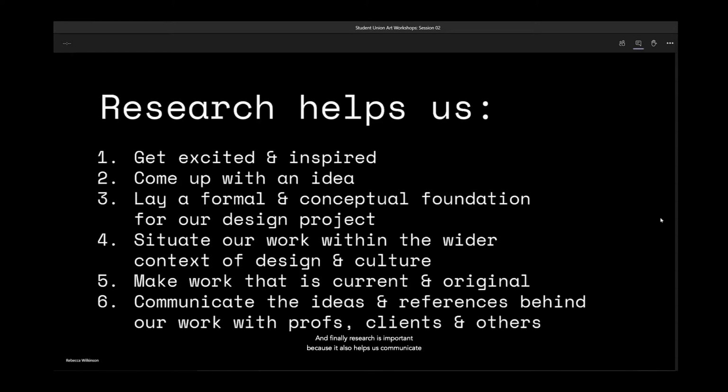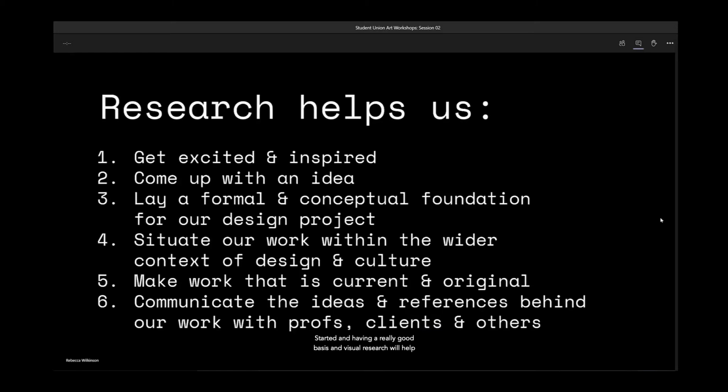And finally, research is important because it also helps us communicate the ideas and the references behind our work with other people. So as you enter OCAD, you'll probably understand this pretty quickly that when you start a design project, you often have to either present it to the class or sit with your prof and explain the idea behind it before you actually get started.